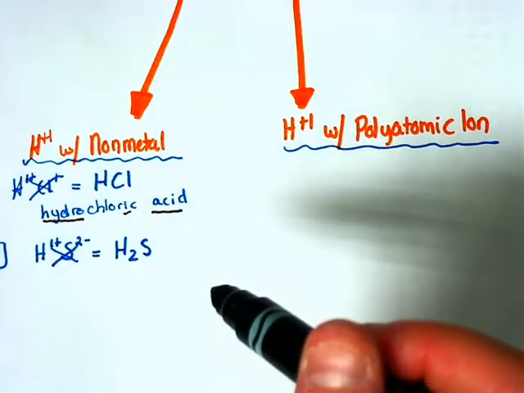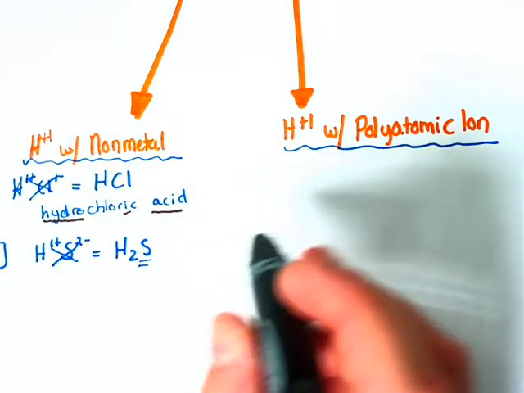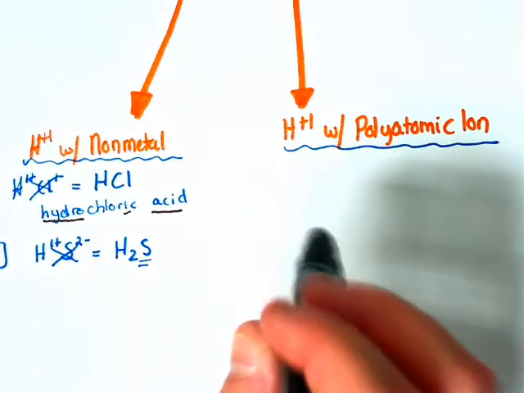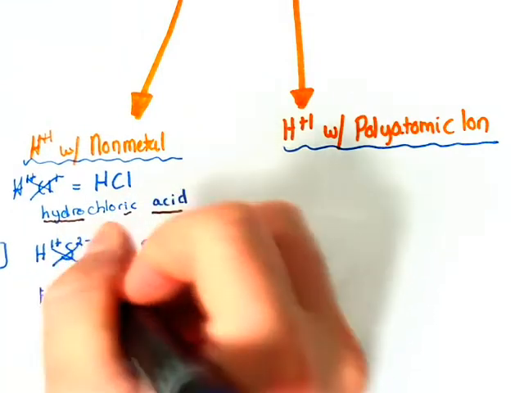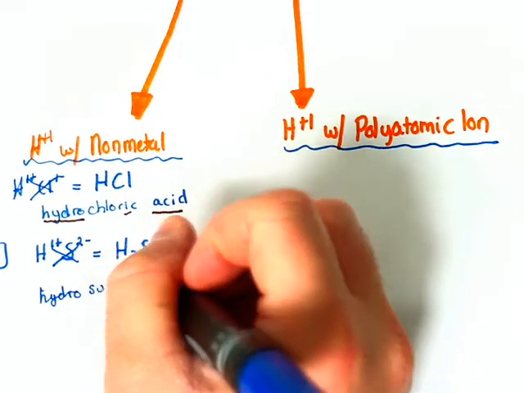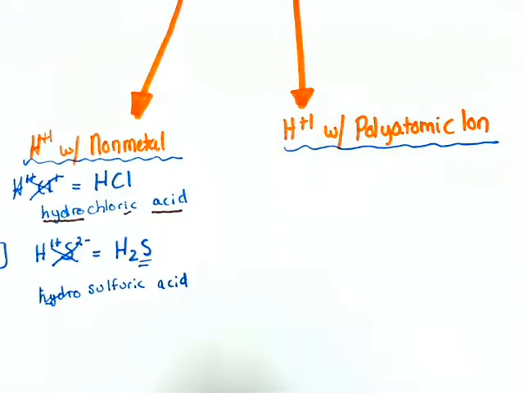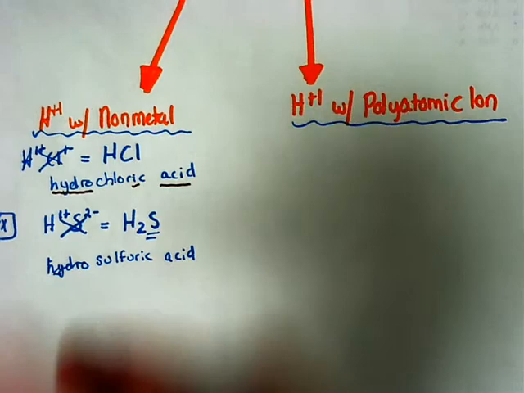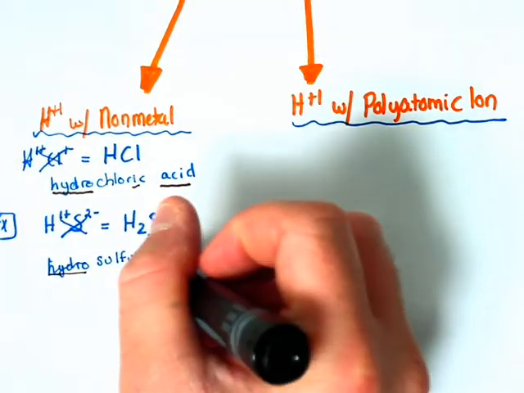It is, is it not? It's with the only nonmetal here, the little S. Agreed? So we would name this with a hydro prefix: hydrosulfuric acid. Notice again that we've got that hydro prefix working for us, the ic ending, of course, and the acid.